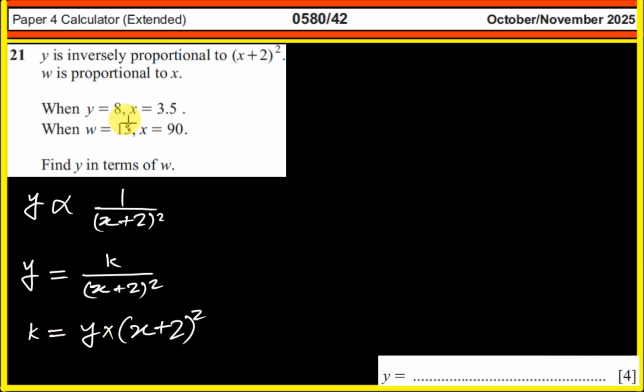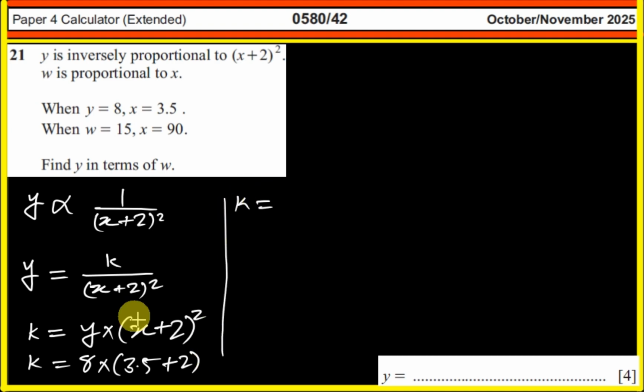So now let's substitute the given values, y is equal to 8 and x is equal to 3.5. So what will be k here? k is equal to 8 times (3.5 plus 2), it will become 5.5, and its square.